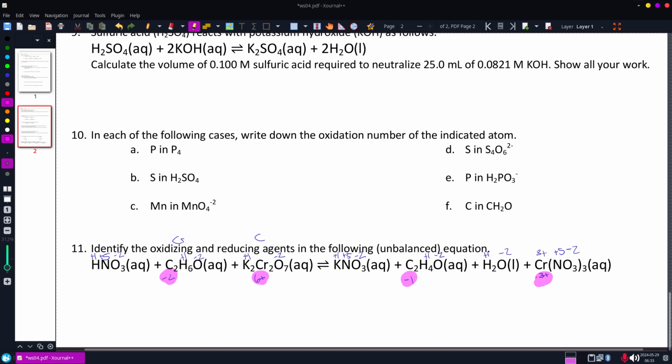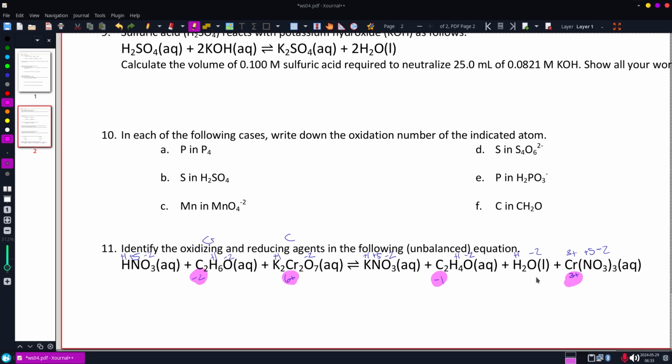So theoretically, we would only have to have noticed that the chromium was no longer in a polyatomic ion. It was being changed, and that carbon is likely to change because the hydrogens and oxygens must have been fixed, and yet we're changing those numbers. Had we noticed that, what we could have done is just made two half reactions. And I'm going to do the chromium's half reaction.